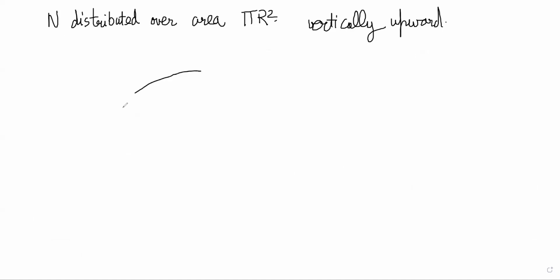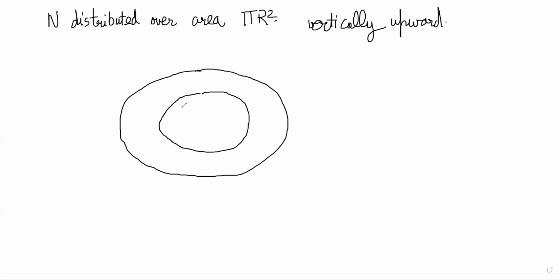Now, in order to calculate the total friction and the friction torque, let's take a small ring like this. I have taken a ring like this, which has a tiny area. It has some area dA, and therefore it will experience some friction, right?